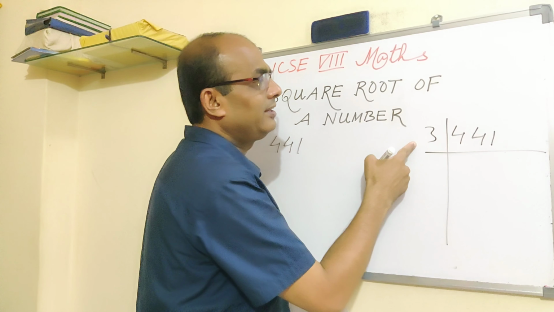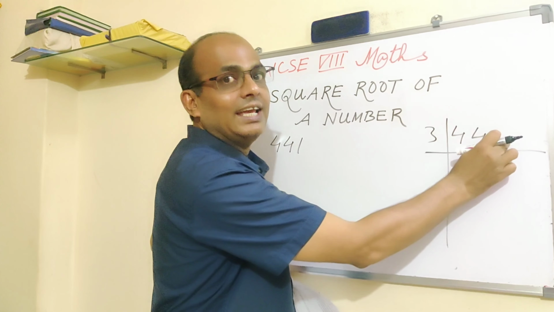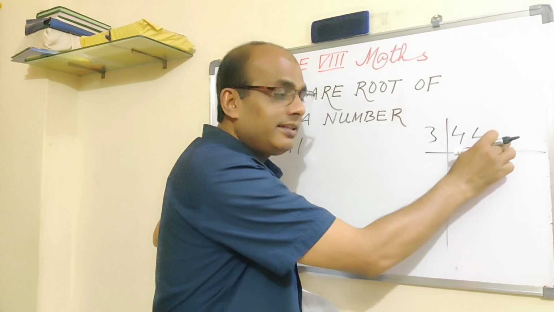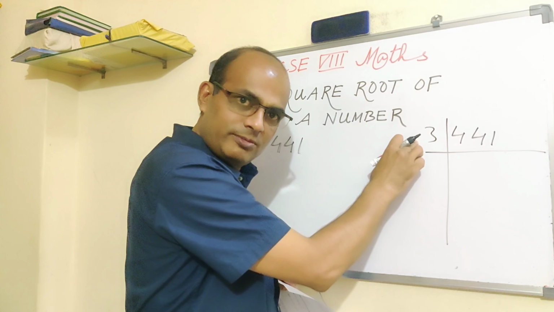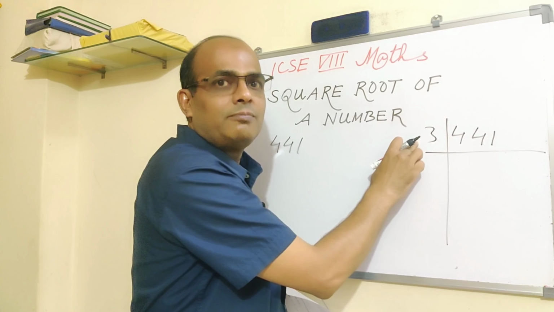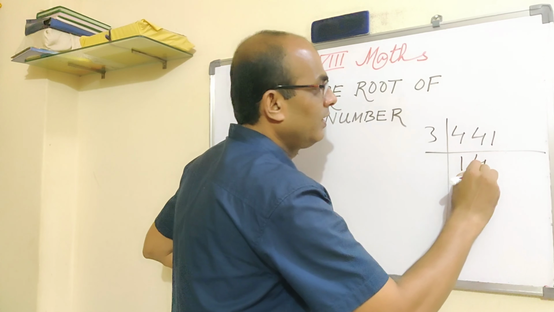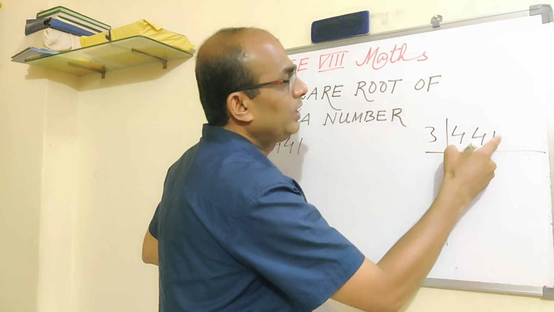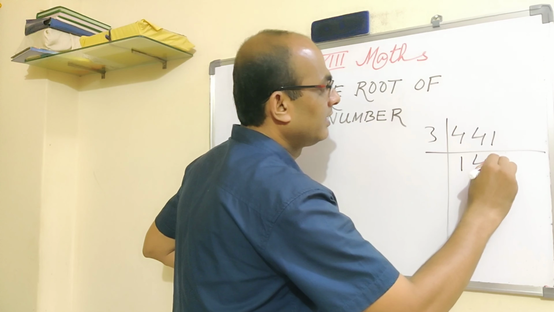So 441 is divisible by 3. Why? Because the sum of the digits 4 plus 4, 8, 8 plus 1, 9. 9 is divisible by 3, therefore the number 441 is also divisible by 3. That is the test of divisibility by 3. Now 3 1s are 3, 3 4s are 12, 2 and 1, 21. So 3 7s are 21.